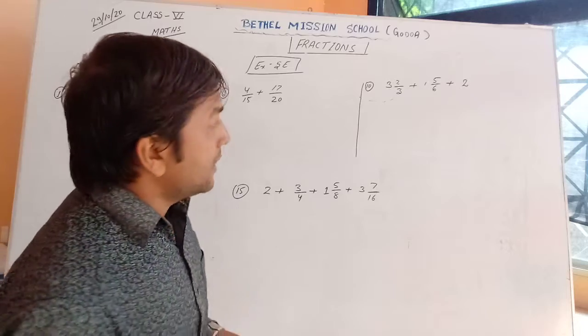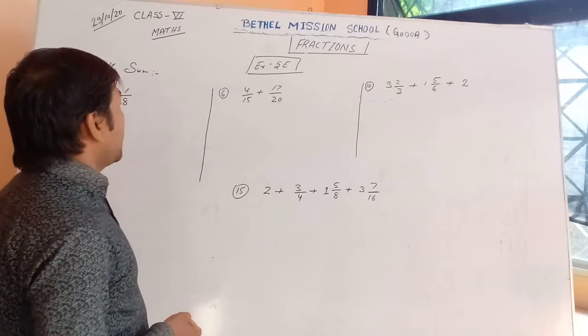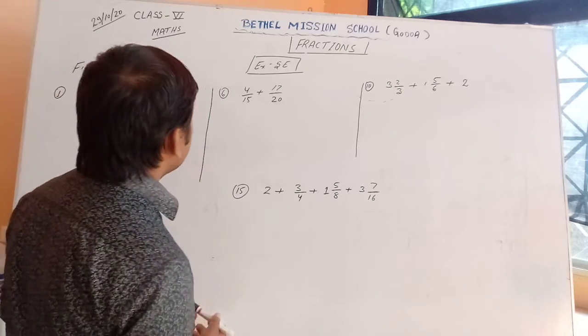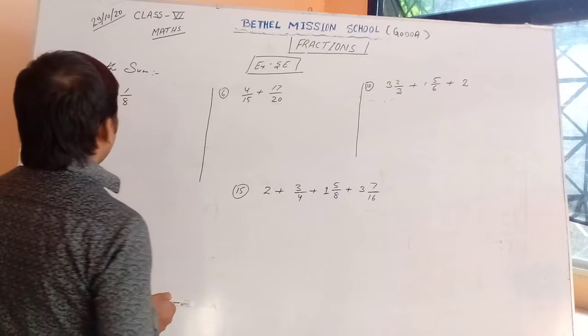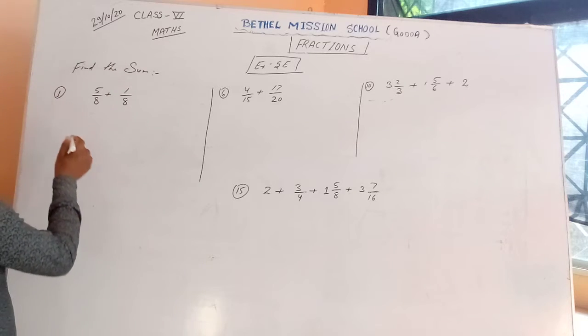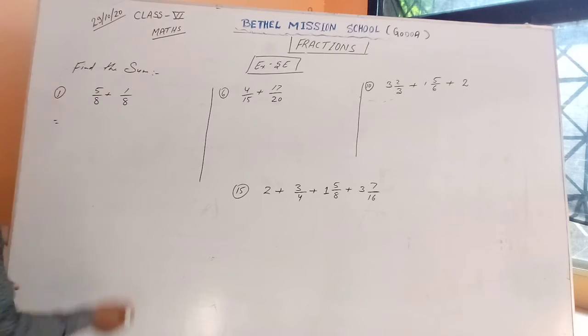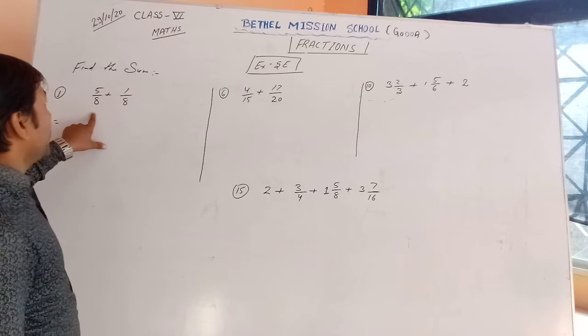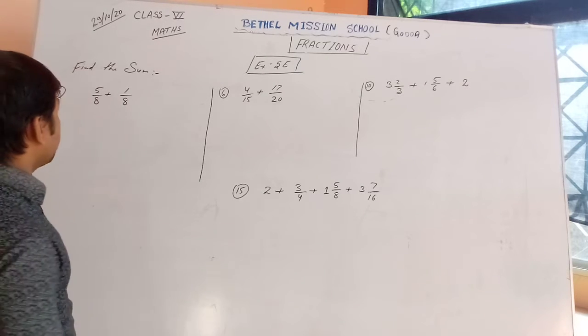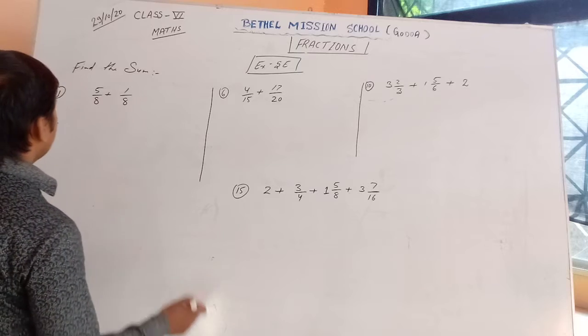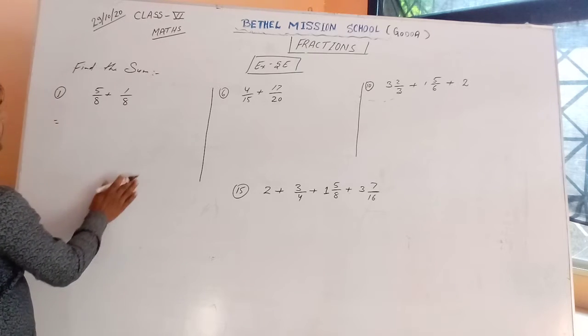Here are some examples I have taken from exercise 5e. Now let's start. The fractions given are 5 upon 8 and 1 upon 8. So how will you add them?